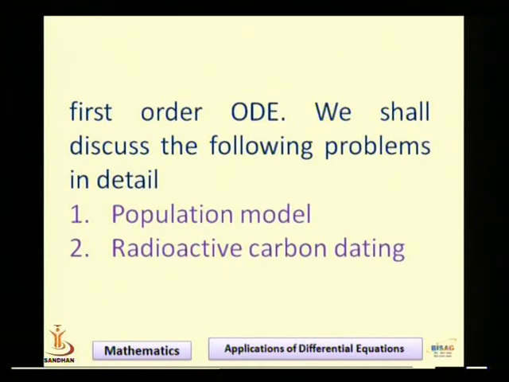One is the population model. You can make a mathematical model of the population growth, and that will lead to a first order differential equation. The second point I am going to discuss is radioactive carbon dating.